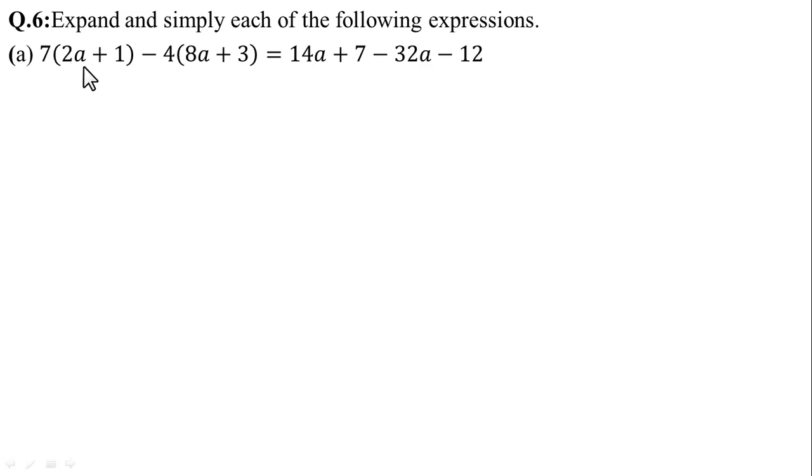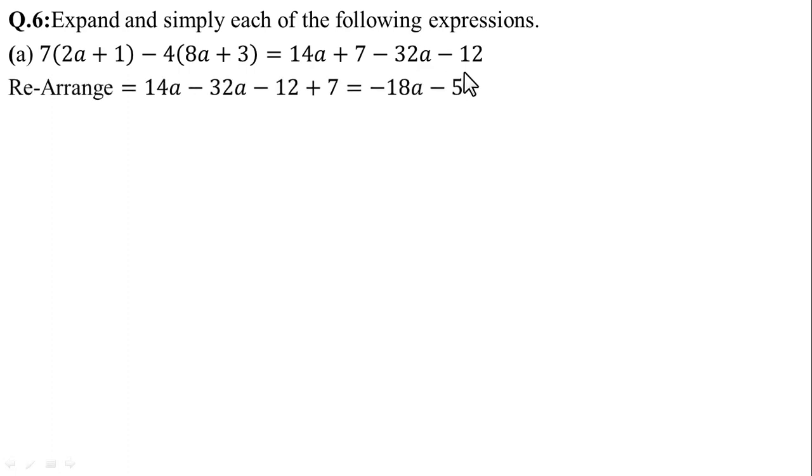So 7 2s are 14, 14a plus 7, minus 8 4s are 32, now minus 32a, plus minus 4 3s are 12, so 14a plus 7 minus 32a minus 12.